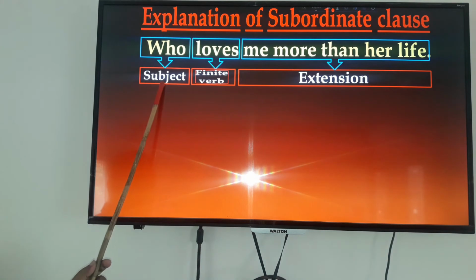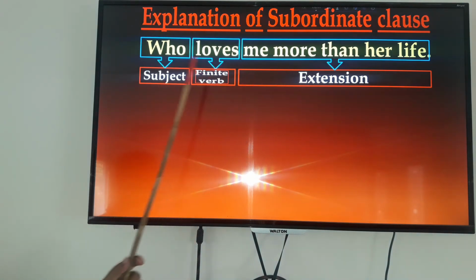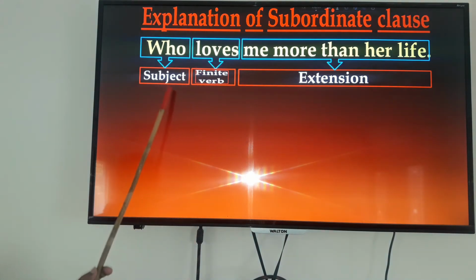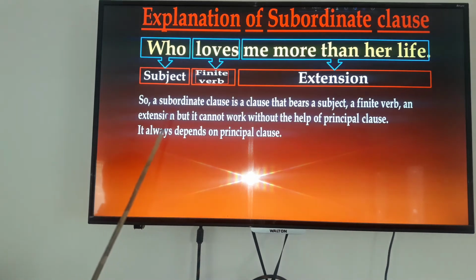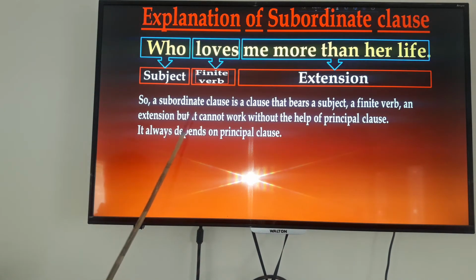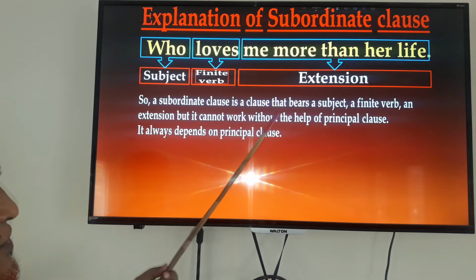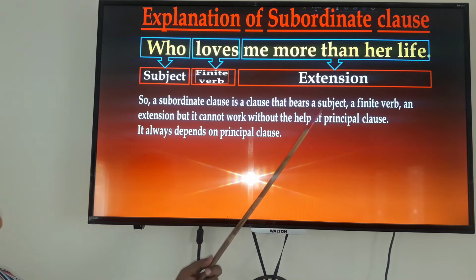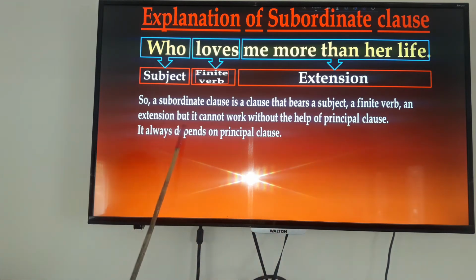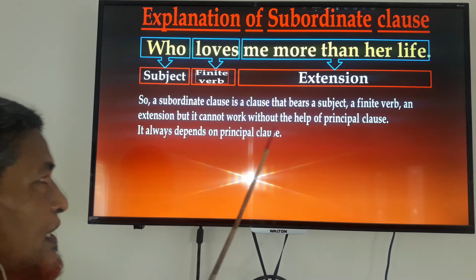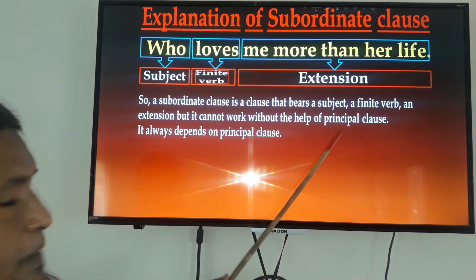So here are some parts, and it is mandatory to have a subject and finite verb if it is a clause. So a subordinate clause is a clause that bears a subject, a finite verb, and extension, but it cannot work without the help of a principal clause.